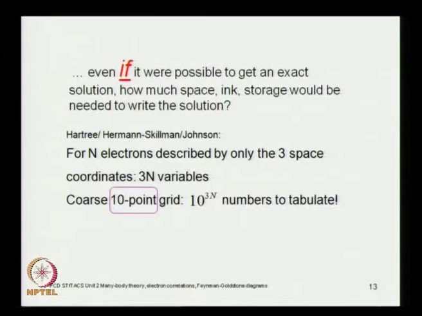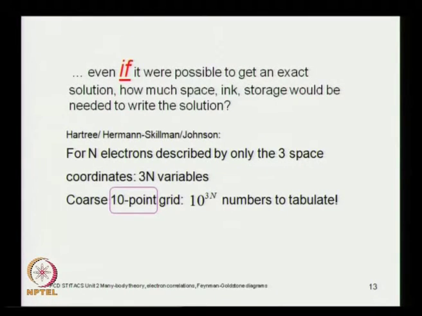If you just take a small atom, every electron has 3 degrees of freedom, so it has 3n variables. If you write the wave function just on a 10-point grid, actually it is more than 3 because there is a spin also, so just to simplify this, I have taken 3.